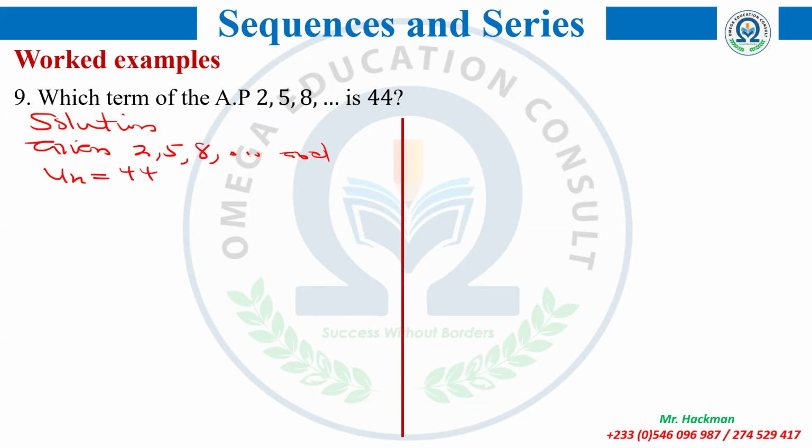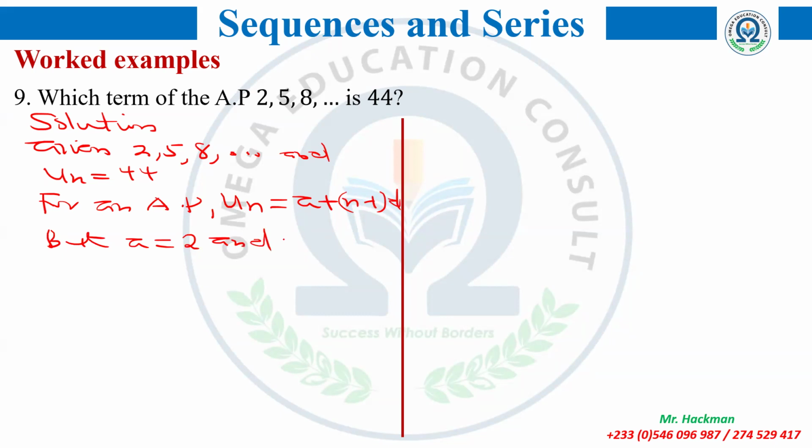But here you know this is an AP. So you write, for an AP, u sub n is given by a plus n minus 1 d, our formula. I know that my A is equal to 2.